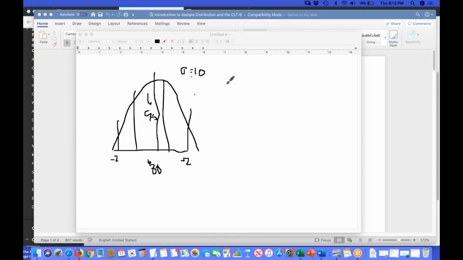What percentage of this population have blood sugar under 65? Well, 65 is about here somewhere, right? The mean is 80. So 65, what is the z? How many standard deviations below the mean is 65?